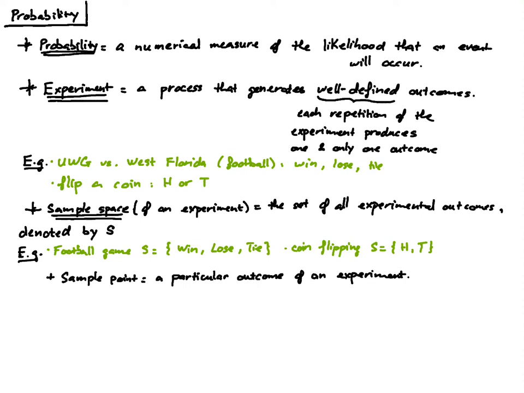So in the football game example, we have three sample points. And then in the coin flipping example, we have two sample points.